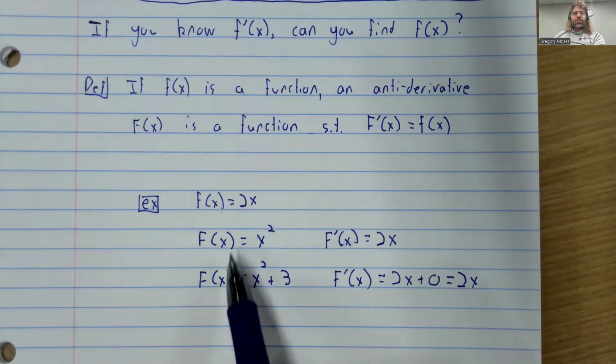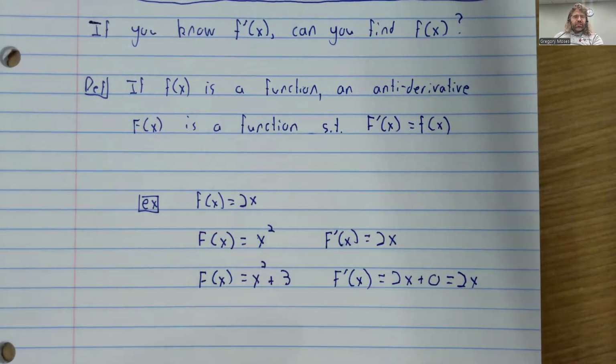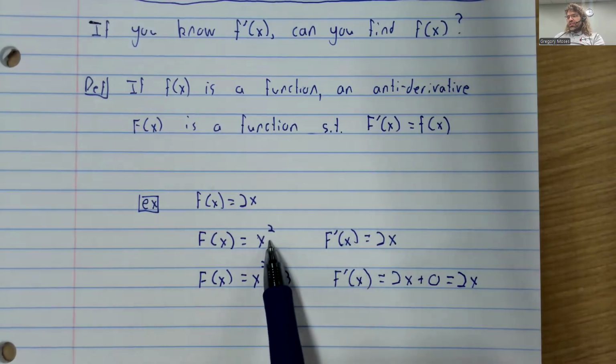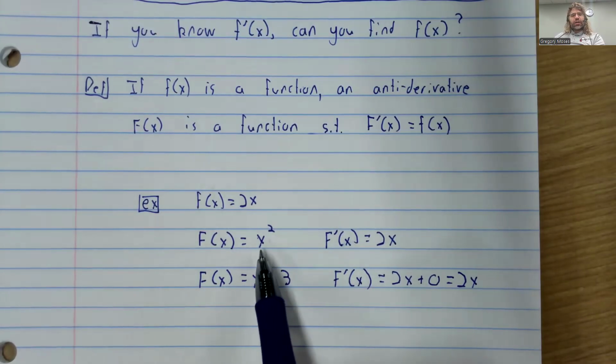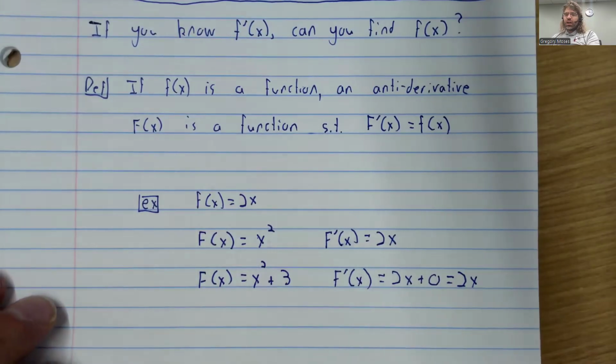So we have more than one antiderivative. We say that formally as antiderivatives are not unique. But of course, x squared and x squared plus 3 are closely related to one another. And we do have the following theorem.